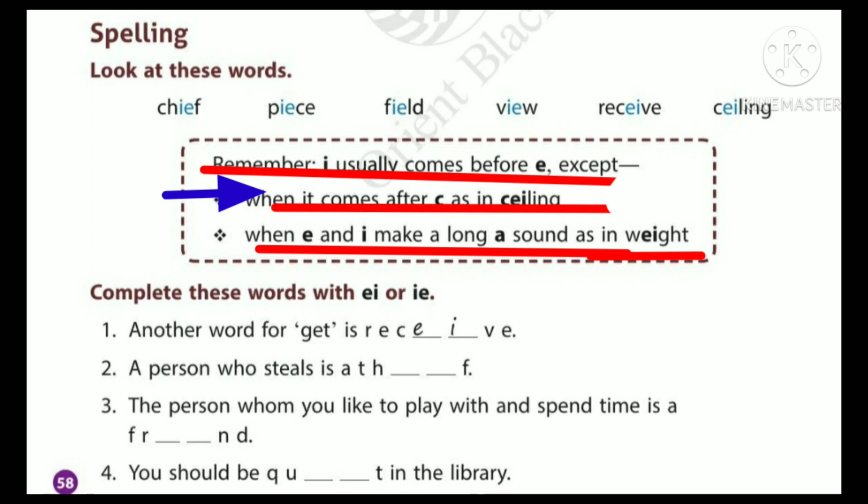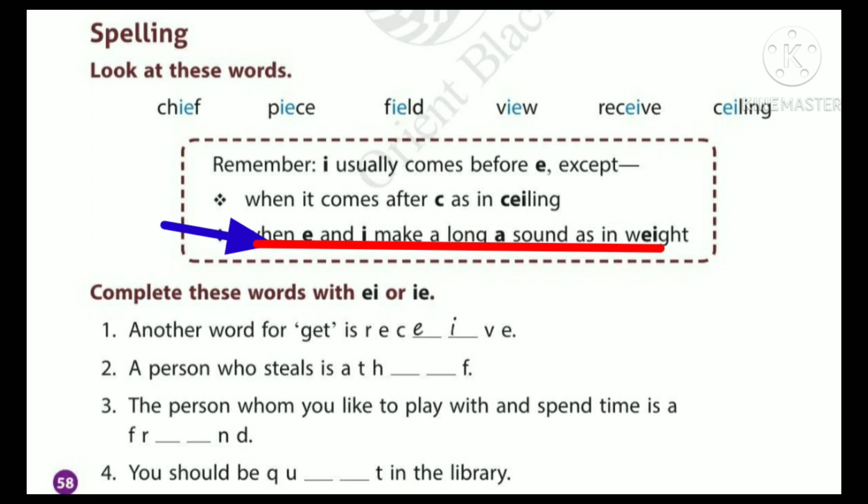E comes before I. When E and I make a long A sound, as in wait. How does it come? A, E, I. We have to write E, I, not I, E, because E and I make a long A sound. At that time also, E, I is used.